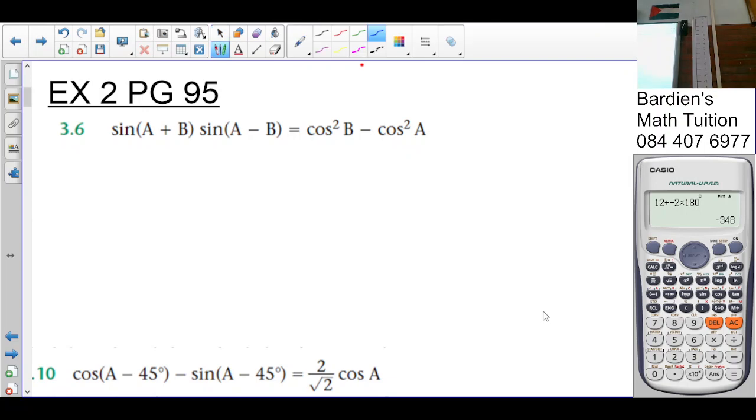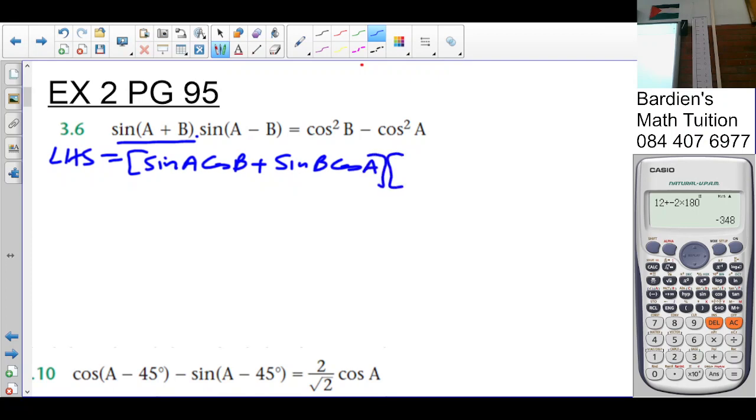You must prove the following identities. As you can see, the left-hand side is more complex. The sine expansion is being multiplied by another sine expansion. That's going to be sine of alpha cos beta plus sine beta cos alpha, or cos A sine B. Okay, you multiply it by sine alpha cos beta minus sine beta cos alpha.